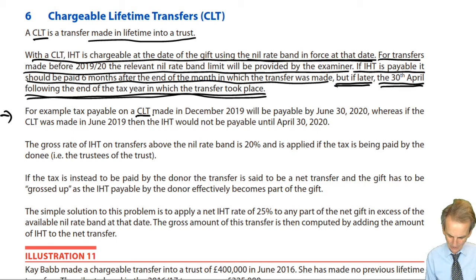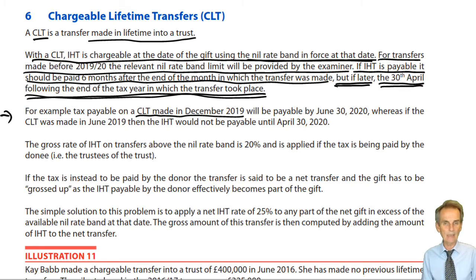If we had a CLT made in December 19, not to say that there will be any tax payable on it, as we will have a nil rate band available to us here in lifetime. But for example, tax payable on a CLT made in December 19 will be payable by June the 30th, 2020.